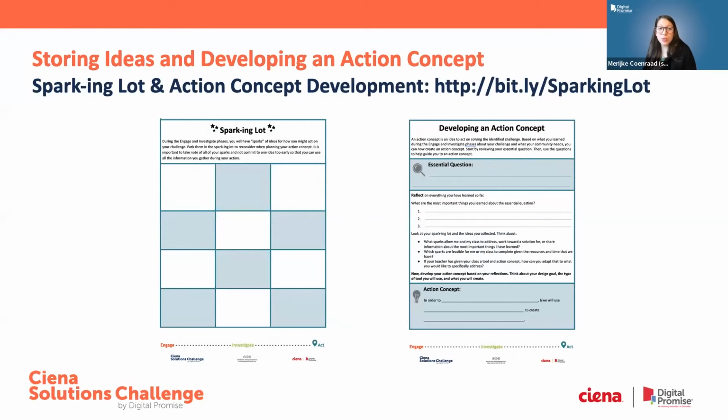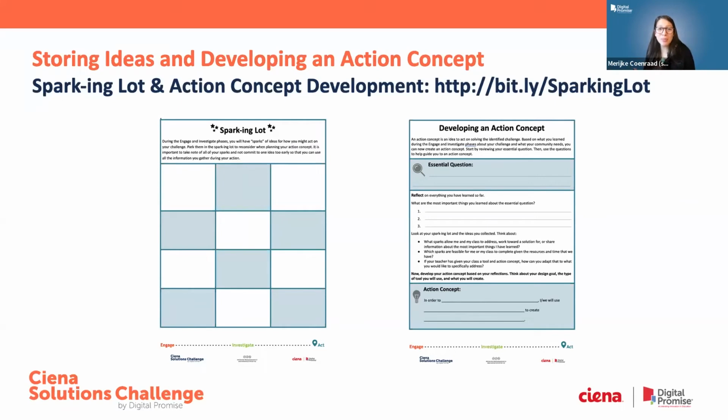So one great resource to support students is our Sparking Lot and Action Concept Development Guide. As I mentioned earlier, it's really easy for students to start coming up with actions right from the beginning. They get so excited, they want to do great things in their community.